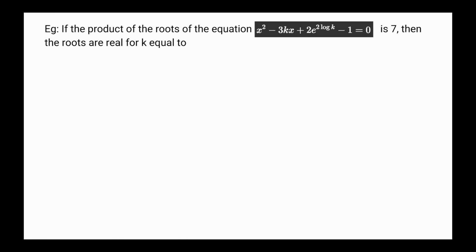The product of the roots of the equation has been given as 7. What have they given us? Let's say this is my equation, x square minus 3kx plus 2 e to the power 2 log k minus 1 is equal to 0. Let's say I have two roots, alpha and beta.